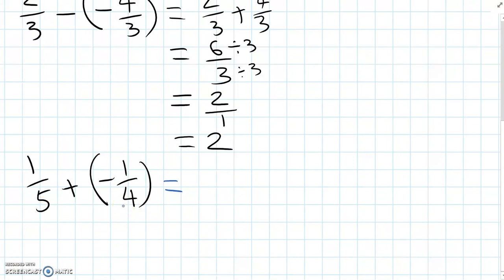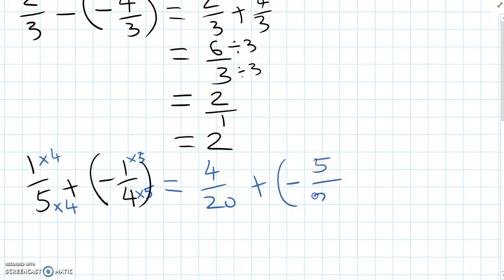And that's going to be 20. So how do we go from 5 to 20? We'll multiply by 4. And what you do to one, you do to the other. And with our negative quarter, we're going to need to multiply by 5 to get to 20. So now we have, as equivalent fractions, 4/20, and we're adding negative 5/20.